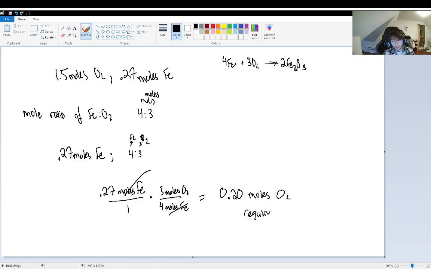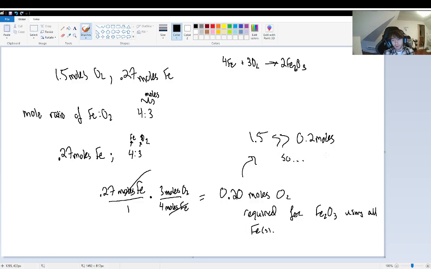This is how much is required for Fe2O3 using all the iron. So it's pretty clear that 1.5 is significantly greater than 0.2 moles. So iron is limiting.